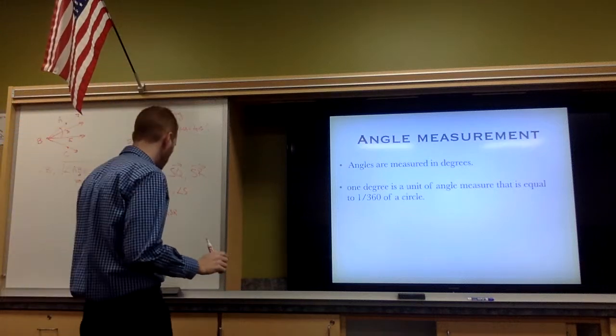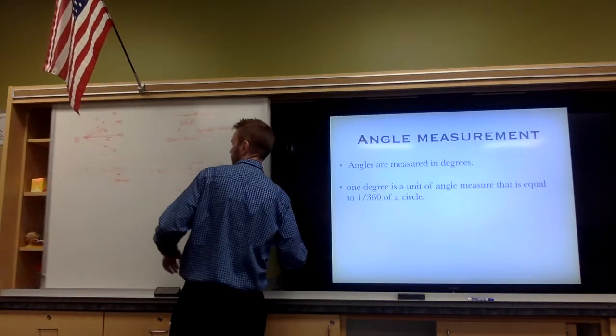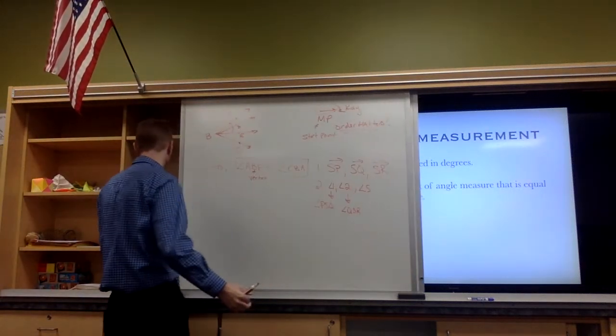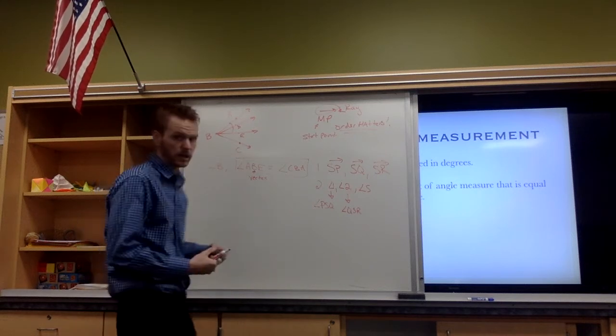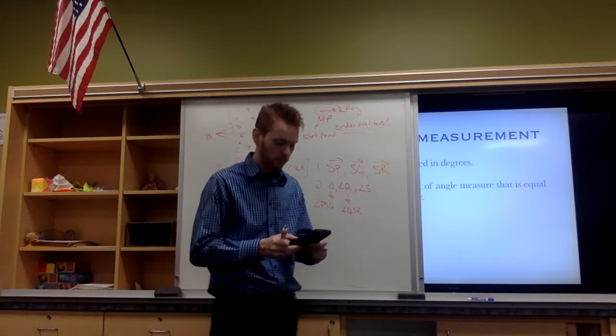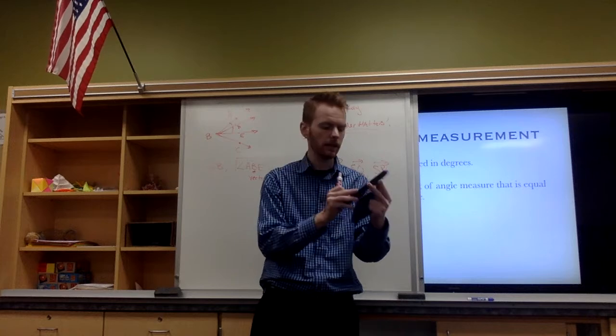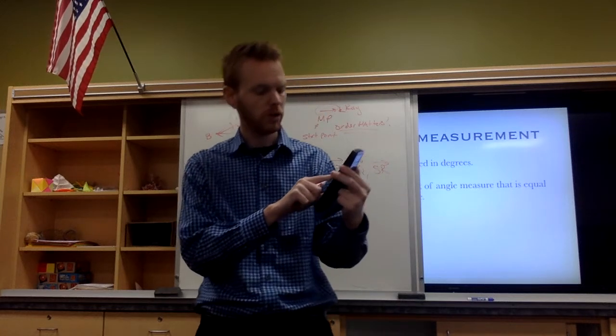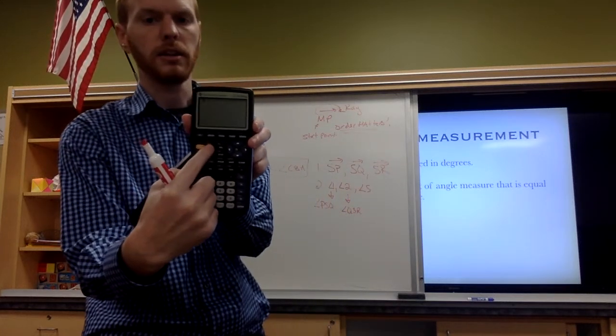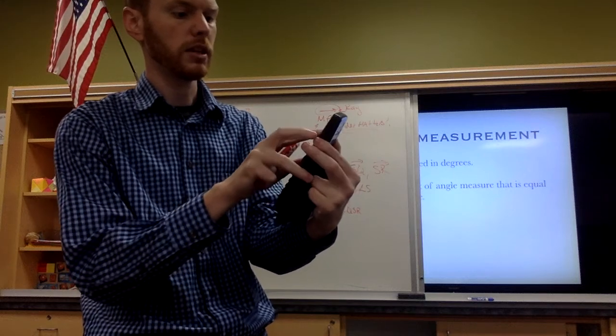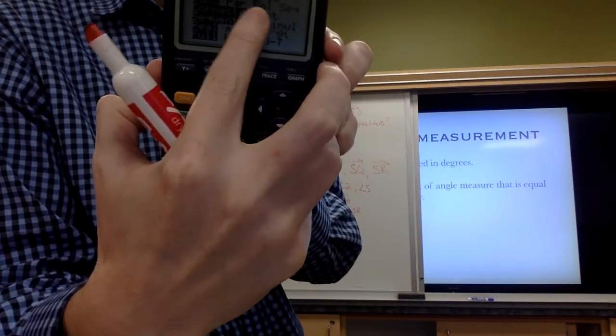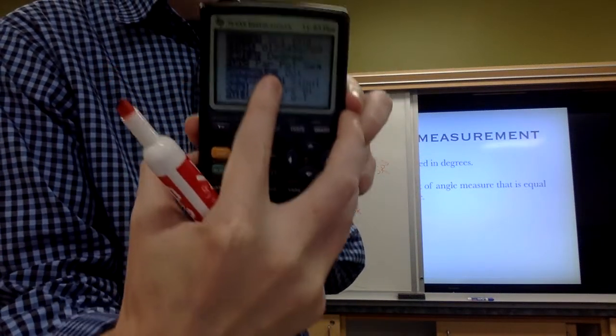One thing to note, depending on what calculator you use, because I don't know what you're using at home, if you use a graphing calculator, if you go onto the mode button right here, you should see what's highlighted there.